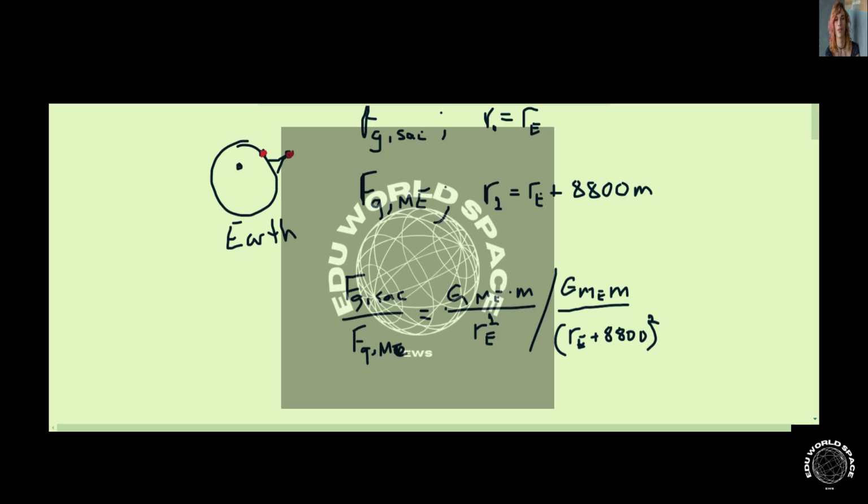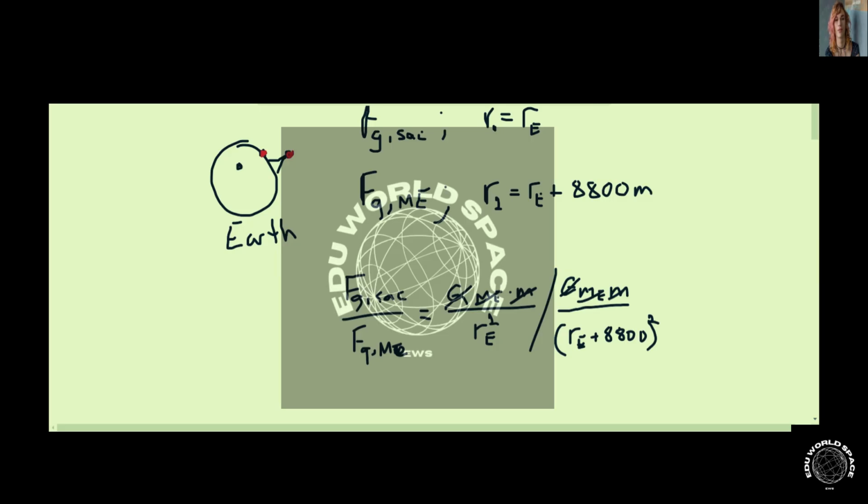We'll see now that the G's cancel, the mass of the Earth cancels, our masses cancel, and what we have now is that the difference is only dependent on the radii.